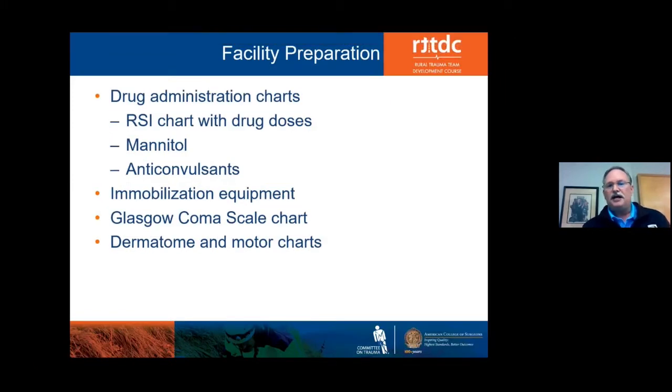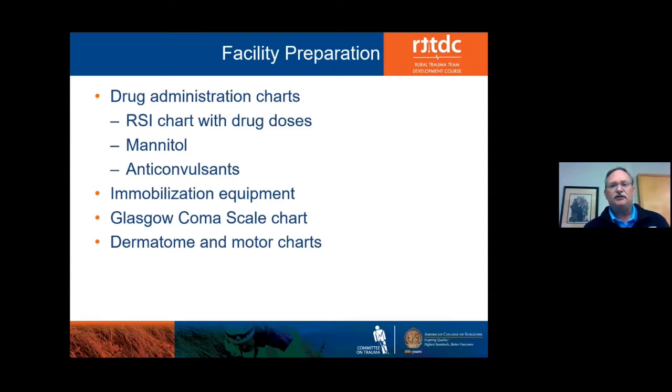Facility preparation, this is very important. Old school, you'd have to remember all the doses and drugs and procedures and coma scales, and having these available on the walls of your trauma bays is very helpful. For everybody that has been involved in traumas, it can be a very trying time.